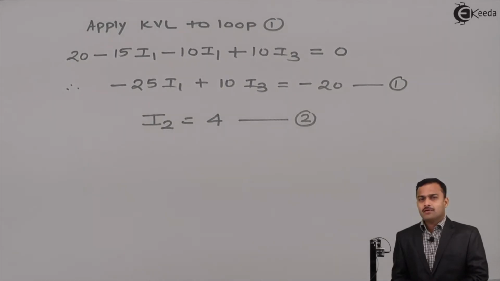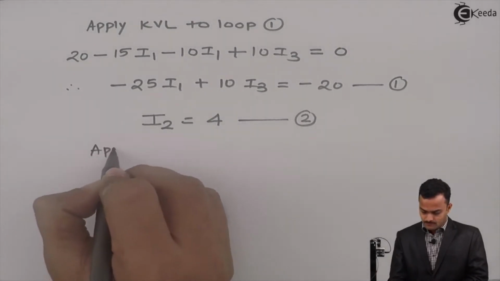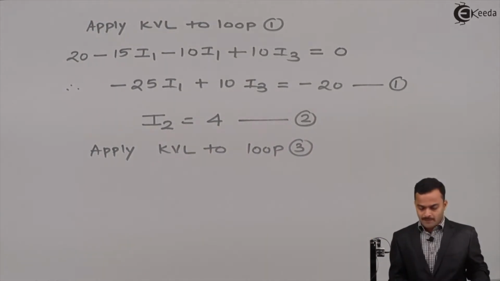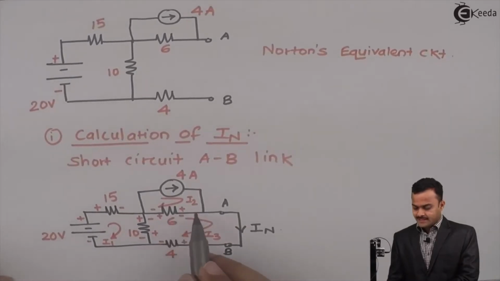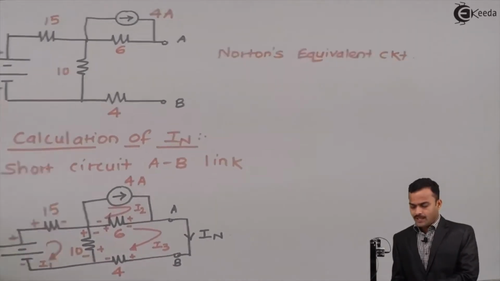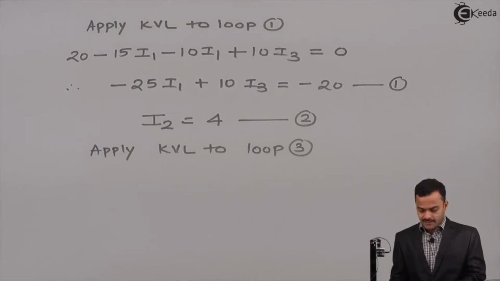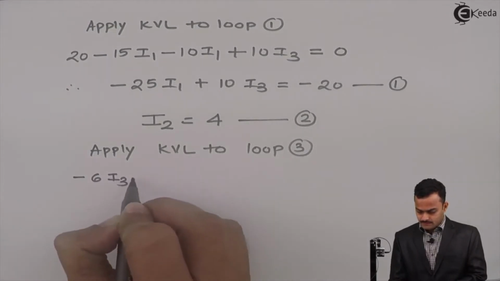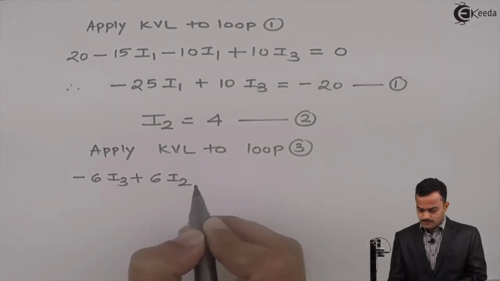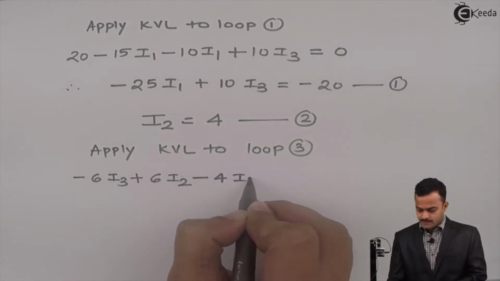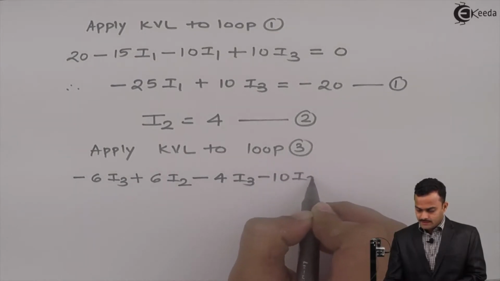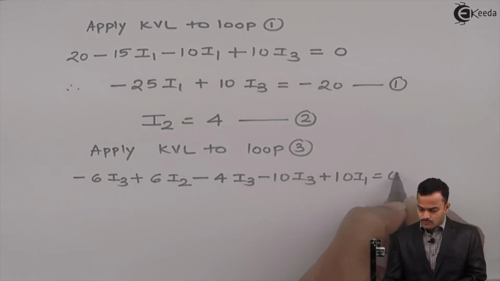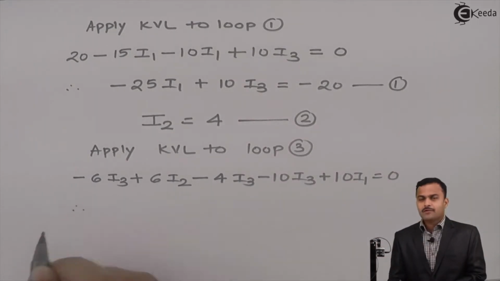Let's apply KVL to loop number 3. Loop number 3 has these three resistances. If I apply KVL to loop number 3, I will get minus 6I3 plus 6I2 minus 4I3 minus 10I3 plus 10I1 equal to 0. Let's simplify.